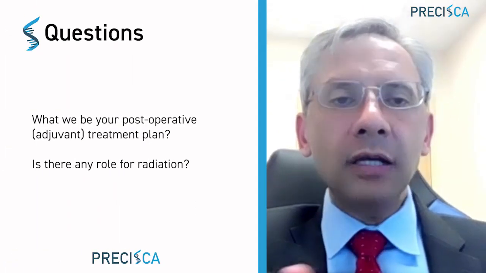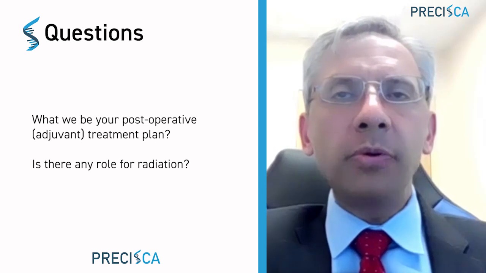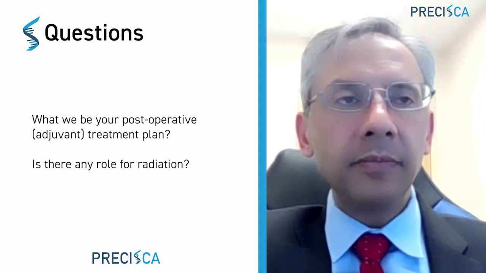Very good. So this patient had surgery. And Dr. Weinberg, what would be your normal post-operative or adjuvant treatment plan? So, if I saw this pathology report and it did suggest positive lymph nodes on the basis of a cholecystectomy, I would probably send the patient, or at least consider sending the patient, back to Dr. Weiser to discuss, as he mentioned, whether there should be additional surgery done.